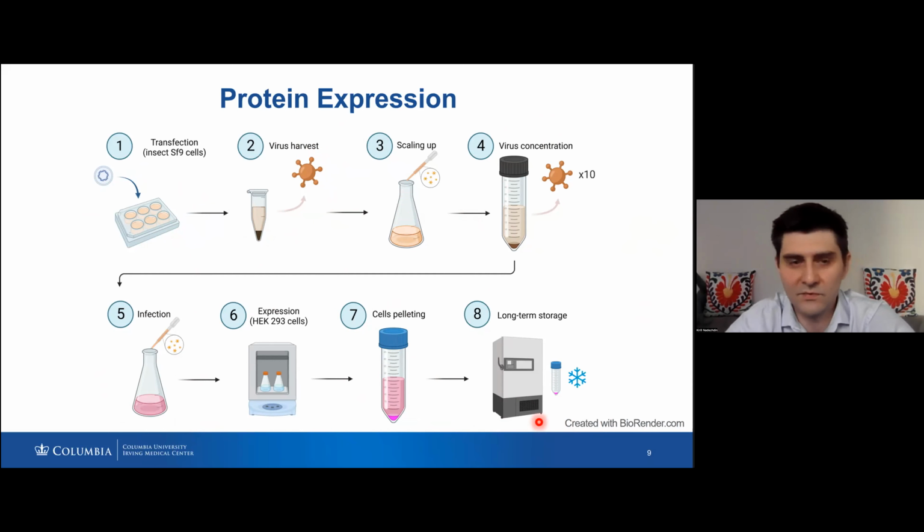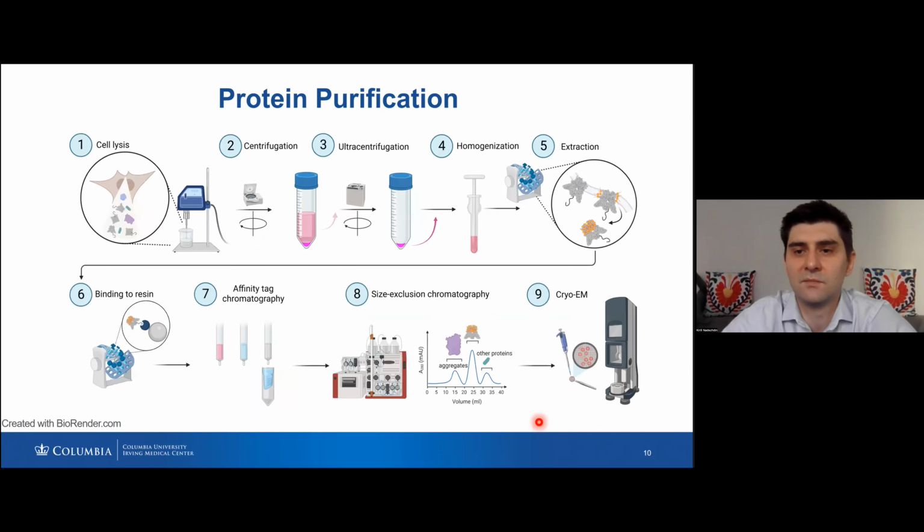And talking about the protein purification, this is the overview of what we usually do when we purify our protein. We lyse the cells, usually using ultrasound. After that, we centrifuge to collect the membrane fraction of the cells. Then we homogenize these membranes and add detergent to extract protein from the membrane fraction.